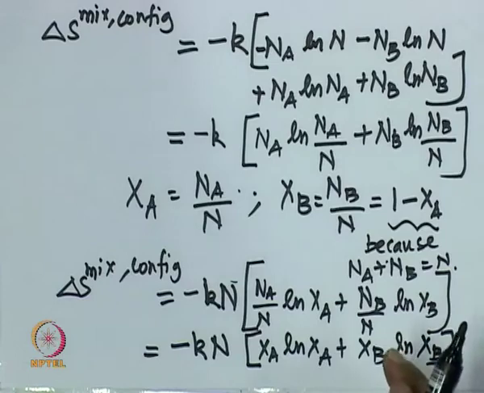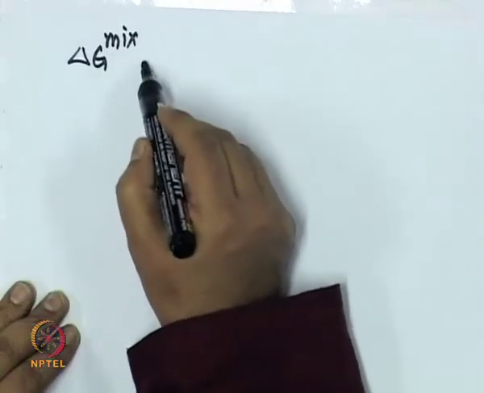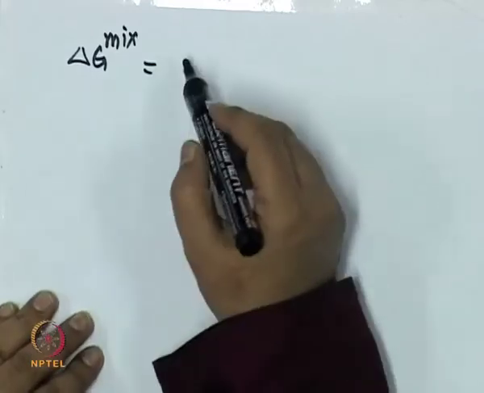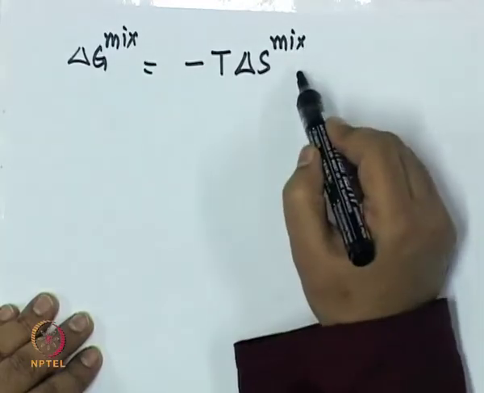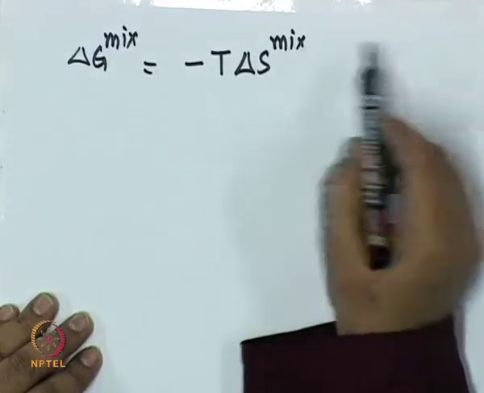So, you can now calculate the free energy of mixing, because we said that for the ideal solution there is no contribution from the internal energy of mixing or enthalpy of mixing. In the case of condensed systems like solids and liquids, these two are assumed to be the same, and it is a very good approximation. So, we have delta G mix, the free energy of mixing, as nothing but minus T delta S mix, and we assume that this delta S mix is only the configurational entropy.